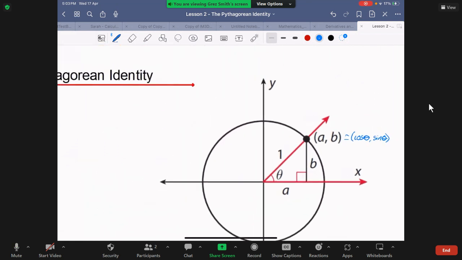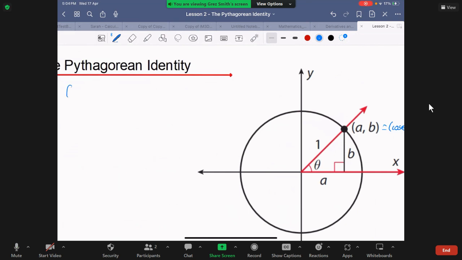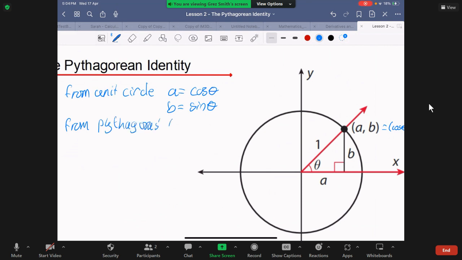So for our proof, from unit circle, A equals cosine theta, B equals sine theta. And then from Pythagoras' theorem, we can say that A squared plus B squared is equal to 1 squared.